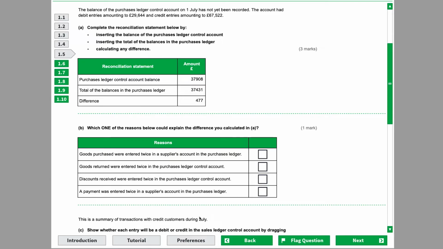Second reason then, the goods returned were entered twice in the purchase ledger control account. Well, considering the purchase returns lowers the account balance, if that were true, that would have caused the purchase ledger control account to be lower, which it isn't. So again, it can't possibly be that one.